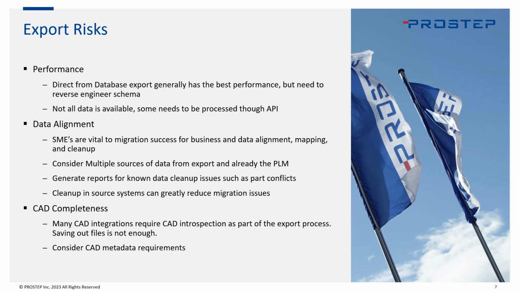We also at PROSTEP use the certified APIs of these systems in order to pull data in many cases. Sometimes there's a high performance API that's specifically used for migration that we can use as well. So those exist, and depending on the performance requirements, we could adopt those.